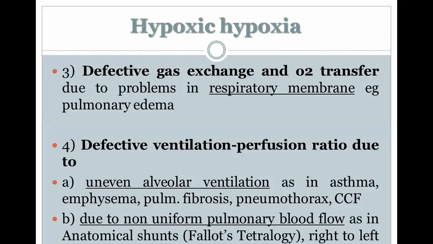So the arterial will be 70 or 68, so the gradient will be high. This is a problem in the diffusion. Okay, it's clear? So I can differentiate between the causes by the AA gradient. It's clear?